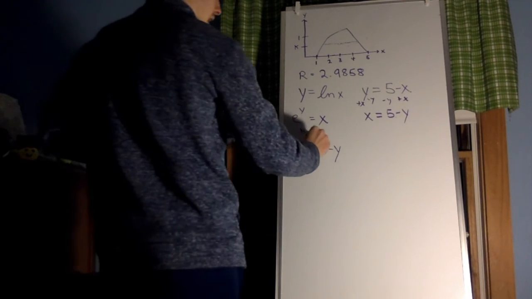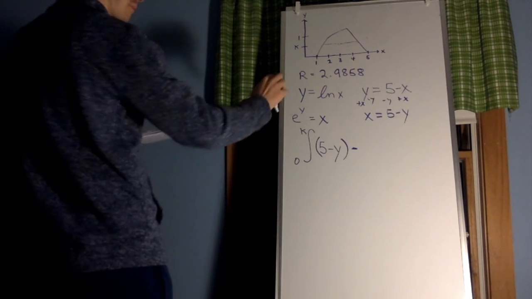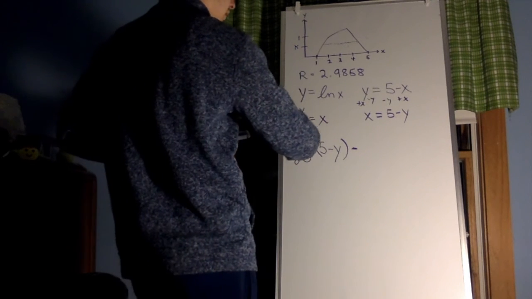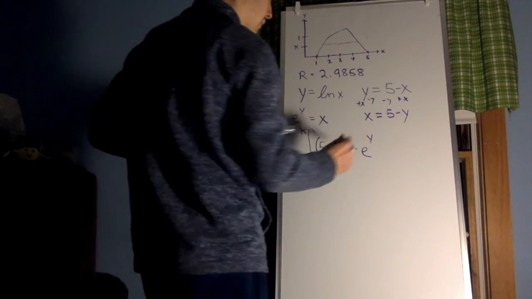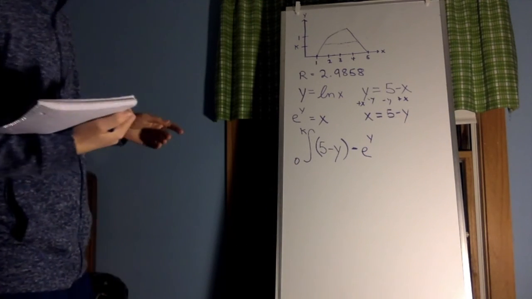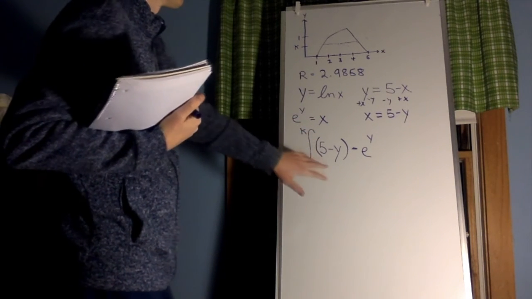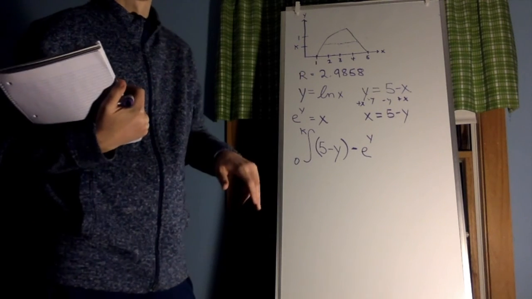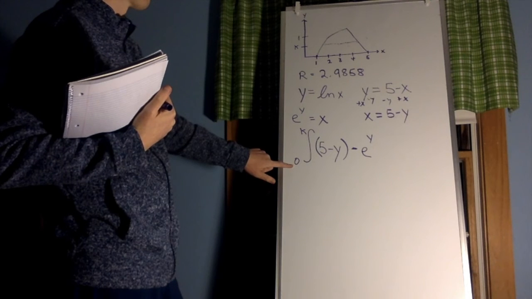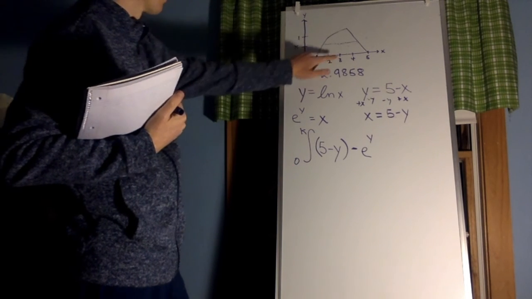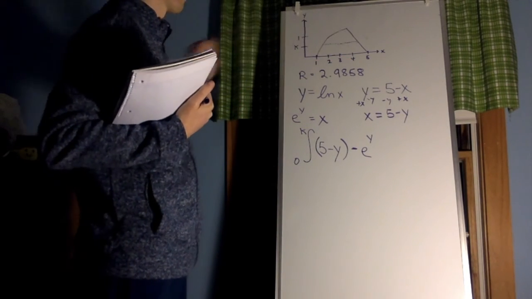And I'm going to subtract my bottom function, which in this case is e to the y. Now, something to think about here is we actually could have written this integral to solve our very first problem back in part A. I would have written my integral as 0 to my intersecting y value, and that would have given me the whole area in there.